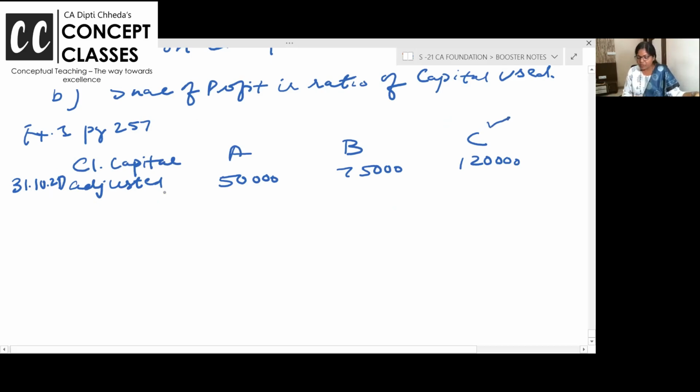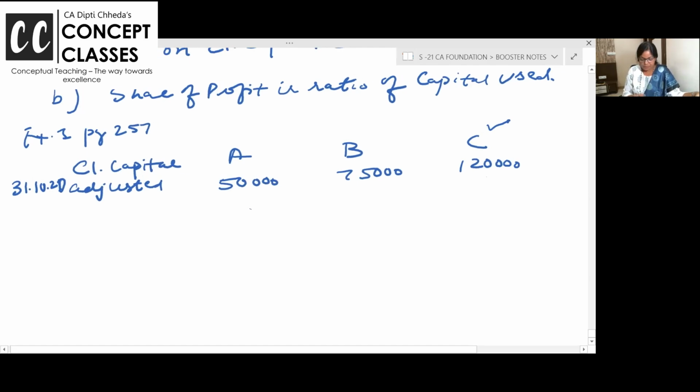On 31st October, this was the final capital. Then I should pay to C, no? 1,20,000 and bye-bye. Take loan from the market or anything. C को pay कर दो. Now, pay to C, but we adjusted it on 1st February 21.